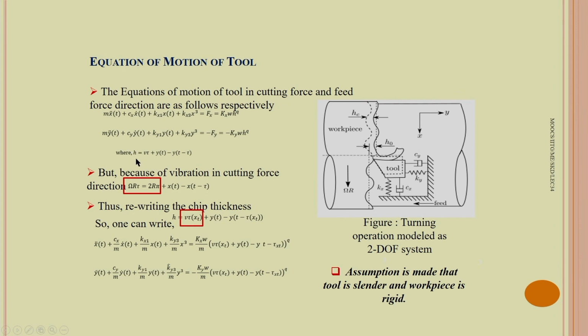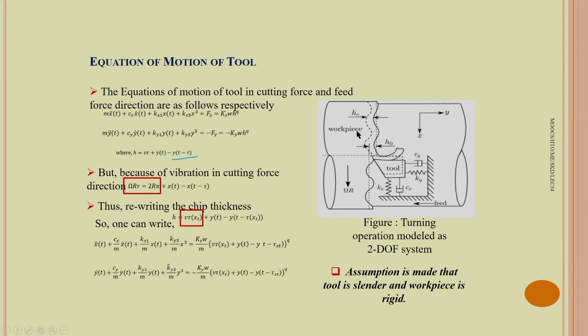So, where h, that is the chip thickness, can be written as V t plus y(t) minus y(t minus tau). Here you just see this is t minus tau, where tau is the time delay. So, the delay term is used here.